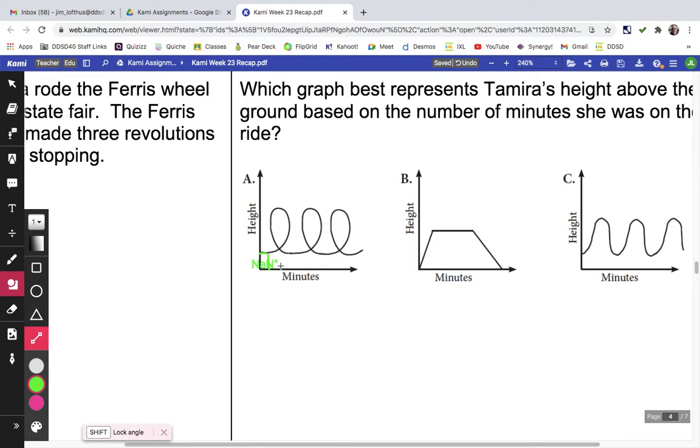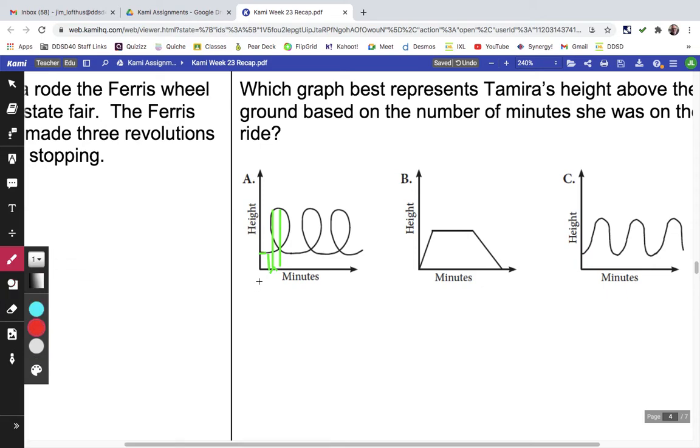And the problem with this one is right here, or really any of these places, where as I go up, if I pick any place in time like this, like let's say I just pick that, and then I look up this direction, I've got 1, 2, 3 different places that Tamira would be in height off the ground. And we can only be at one place in one time. So this one does not work because it requires Tamira to be in 2 different places at once, which is impossible.